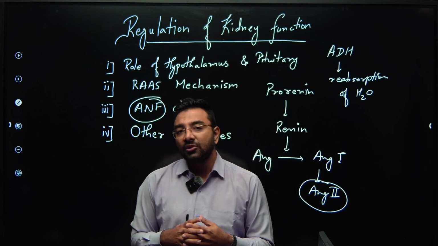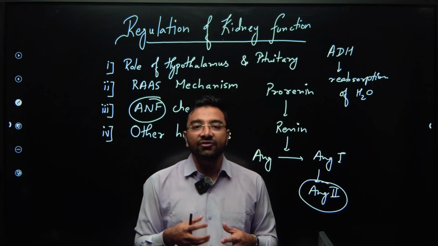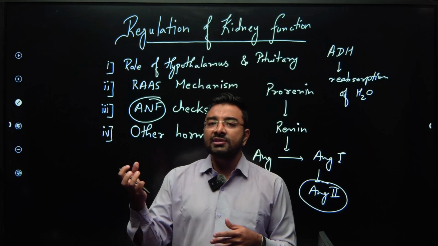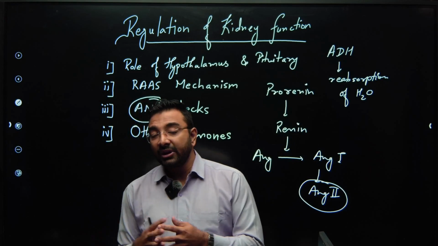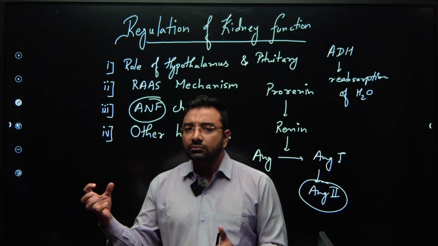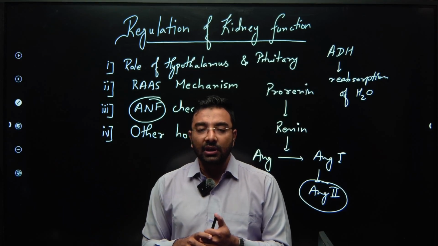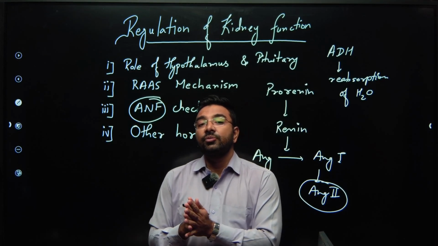There are other hormones also involved in the functioning of kidneys, that is thyroxine, which enables the basal metabolic rate, and it causes the urinary excretion of sodium. In turn, it also increases the reabsorption of potassium.